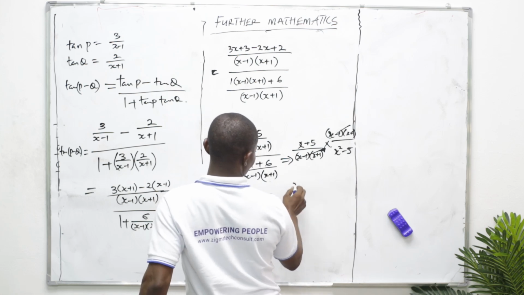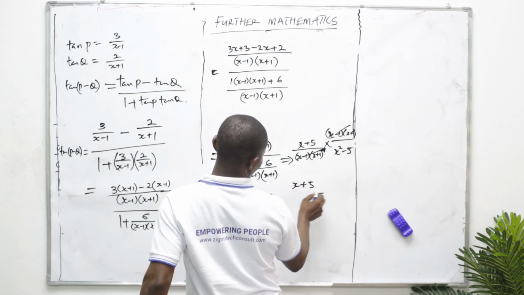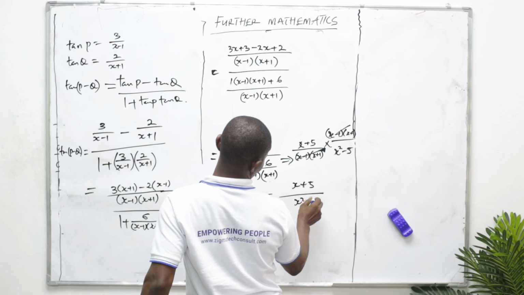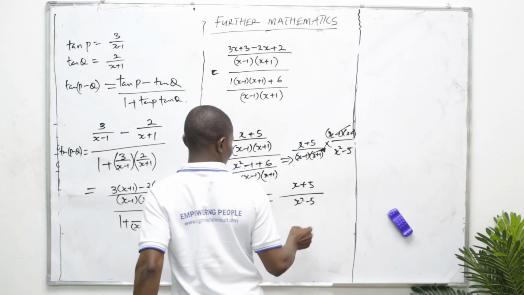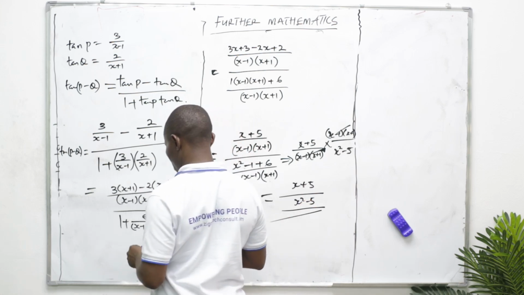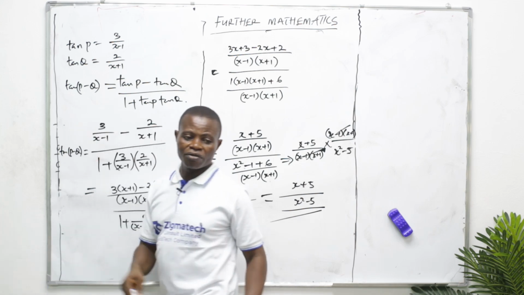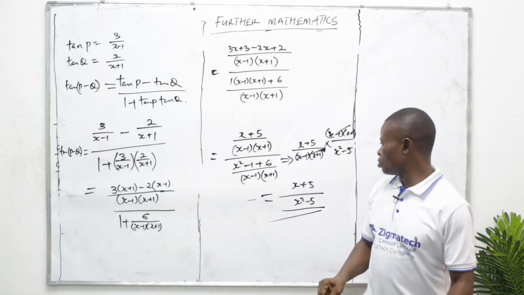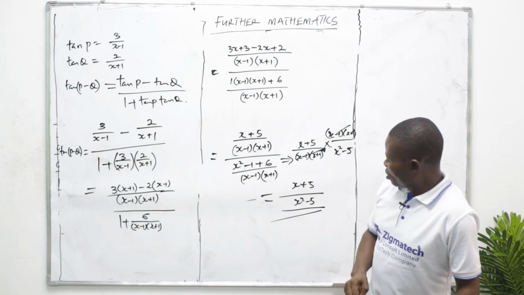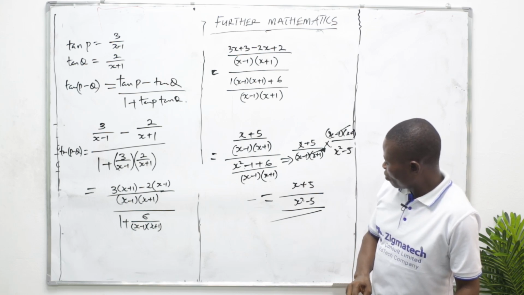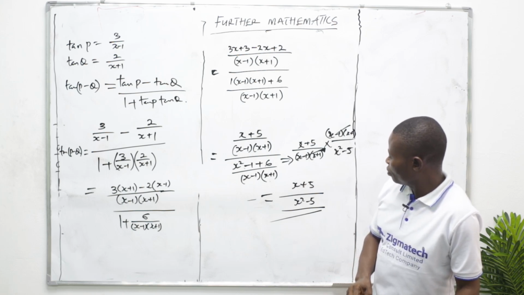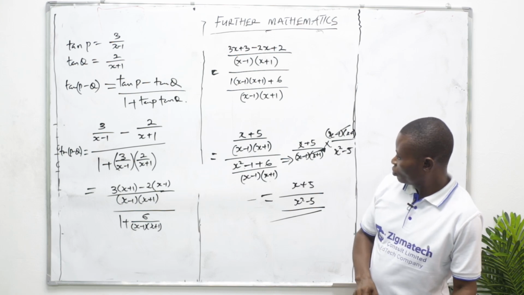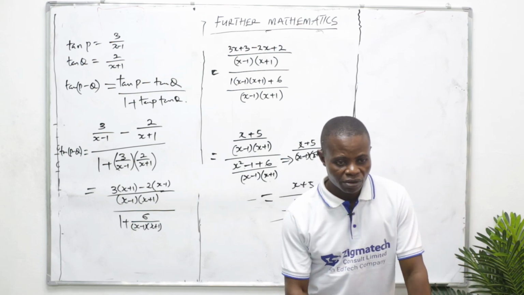This is going to give us s plus 5 all over s squared minus 5. So that is the solution for P minus Q: s plus 5 all over s squared minus 5. Okay, that's what we have.